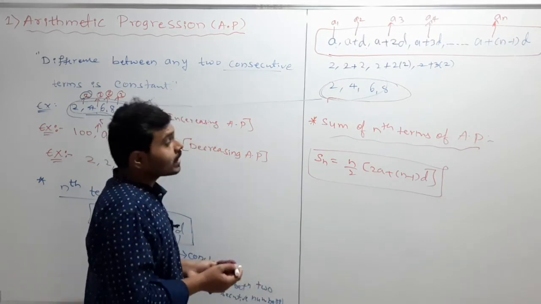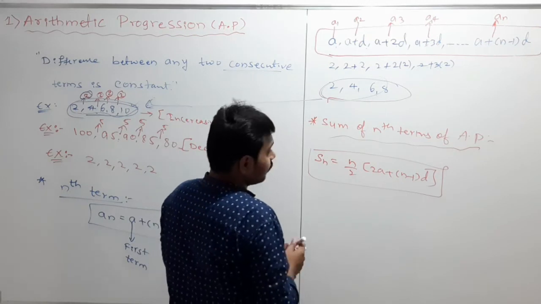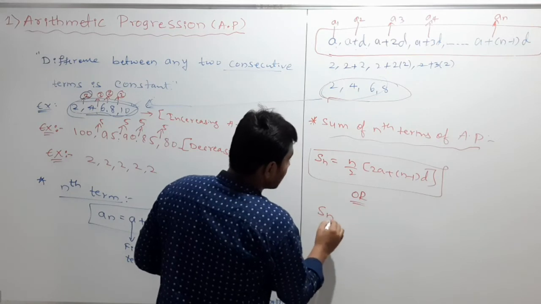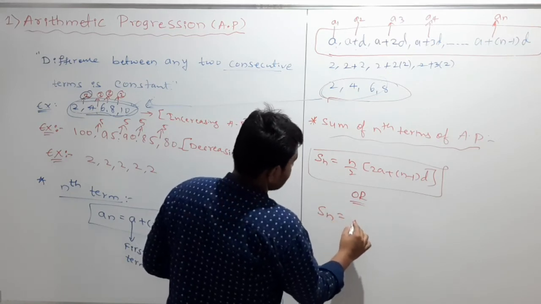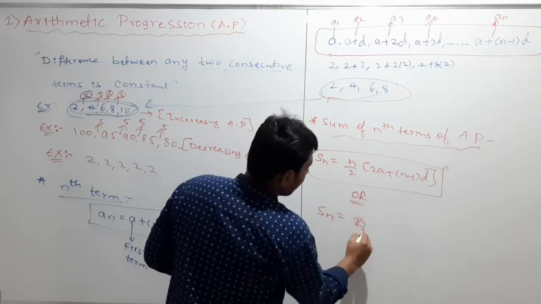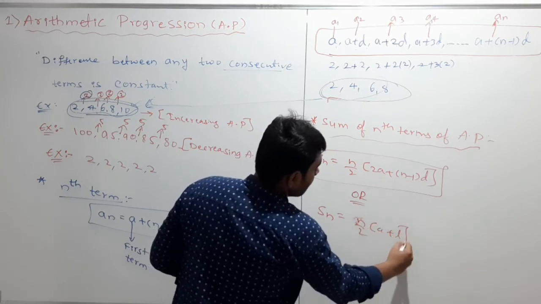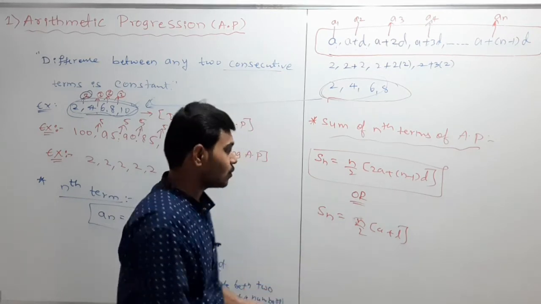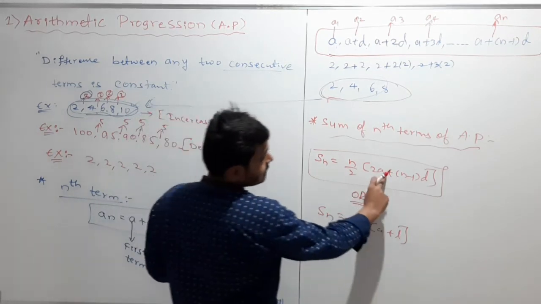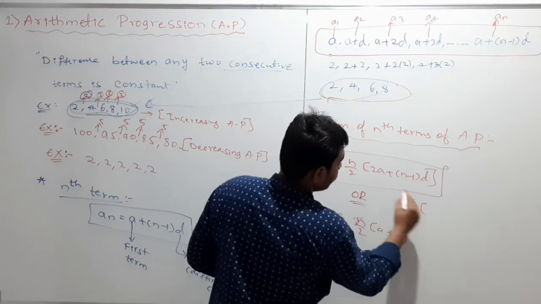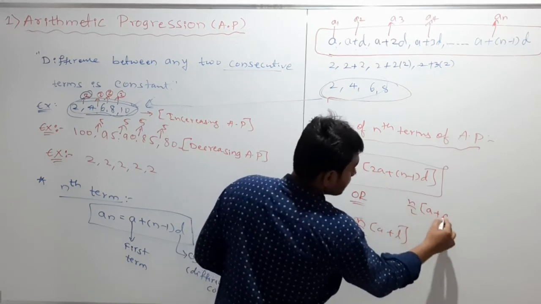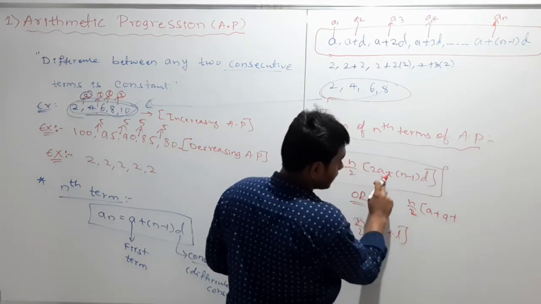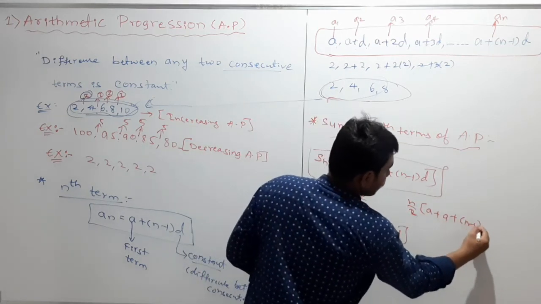I hope you understood. My dear students, please remember we can use this formula, or we can also use Sn equals n by 2 into a plus l. Why is it so? This can further be written as n by 2 into 2a, and I can write 2a as a plus a, plus n minus 1 into d.